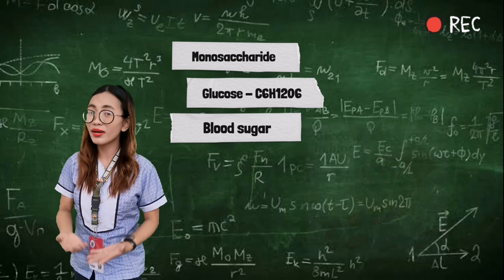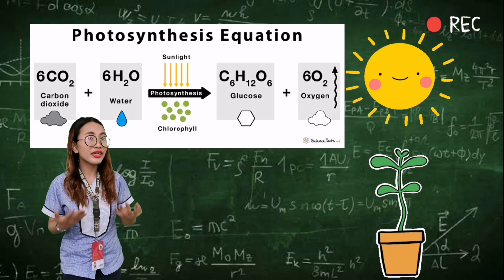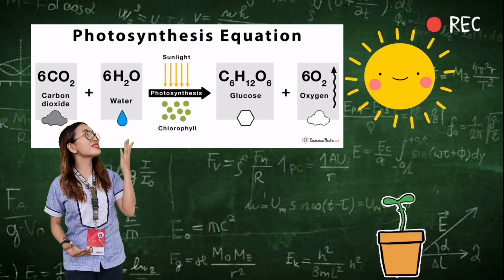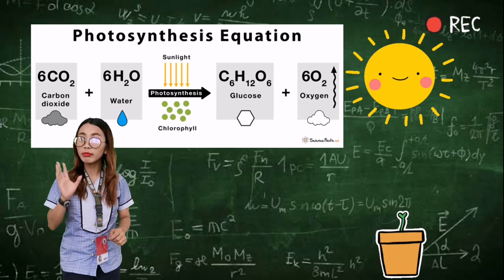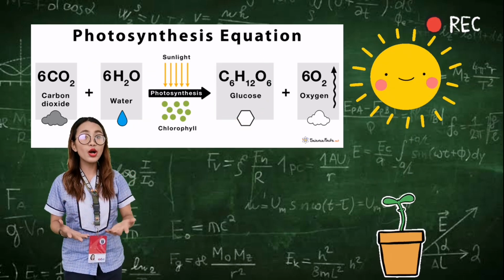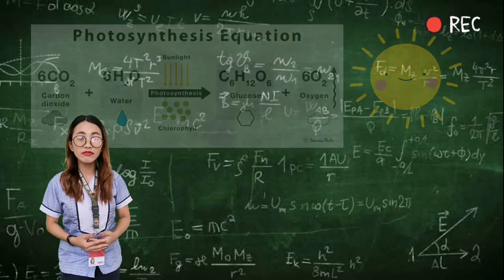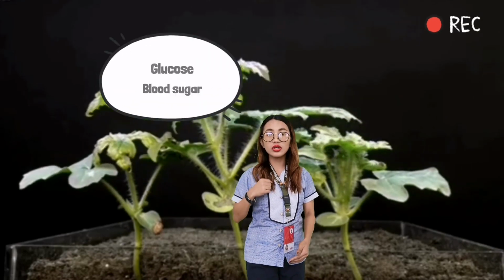It is the most abundant sugar in carbohydrates. They use the energy coming from the sun and convert carbon dioxide and water into glucose and oxygen. And that is the process of photosynthesis. Plants and algae can produce their own food in the form of glucose.